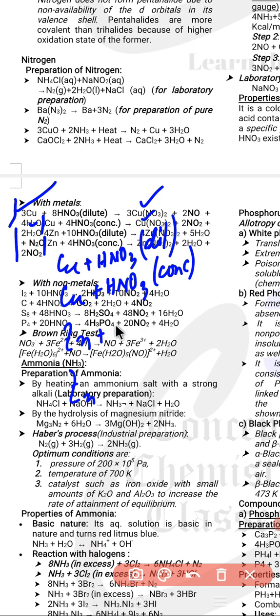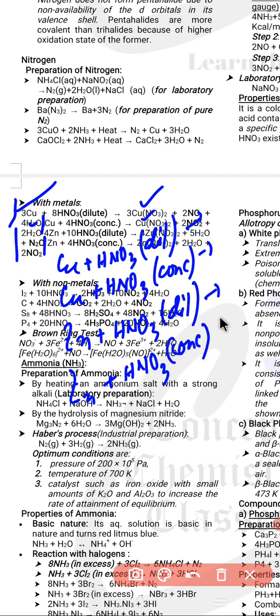Again zinc reacts with dilute HNO3 and concentrated HNO3. In all the cases, two products are common, that is copper nitrate and zinc nitrate. Okay, these are given in the reactions.